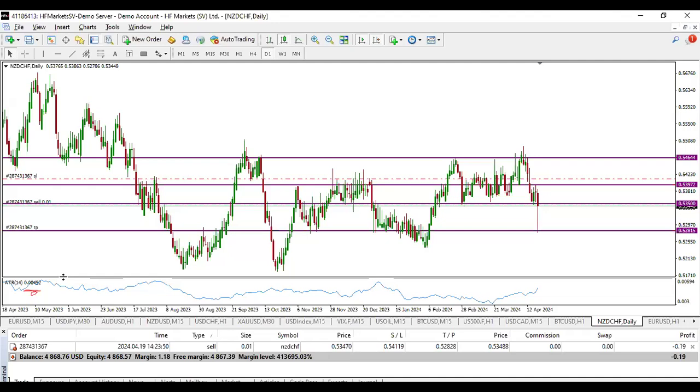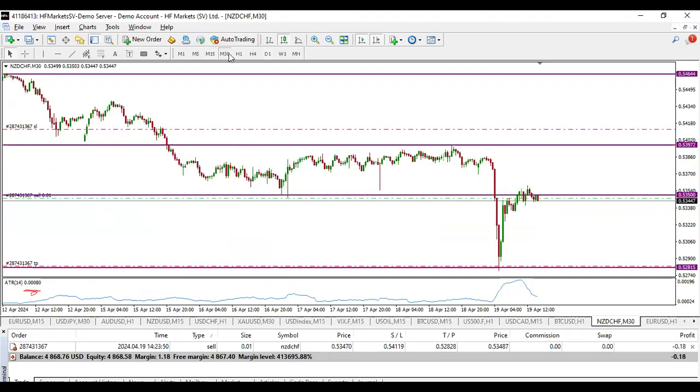Now, how does this help me? Once I have done that, I know that based on the recent volatility, this particular pair has moved an average of 49 pips, so let's say 50 pips. When I'm doing my technical analysis, trying to put my take profit target, I have to factor that in.